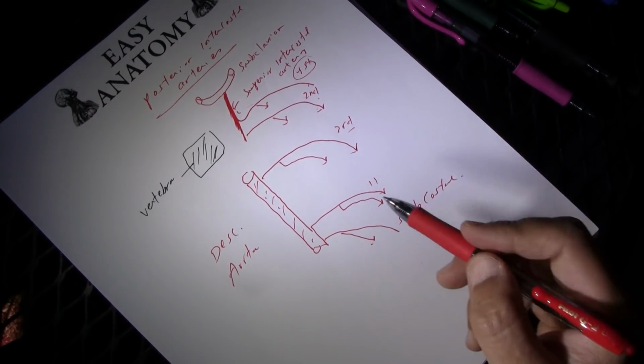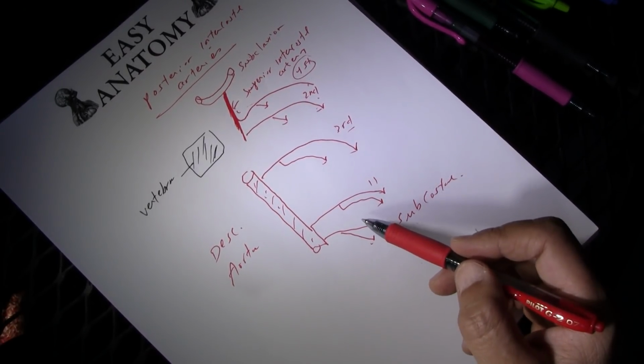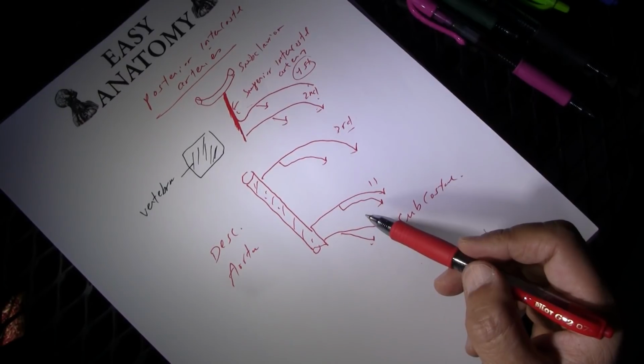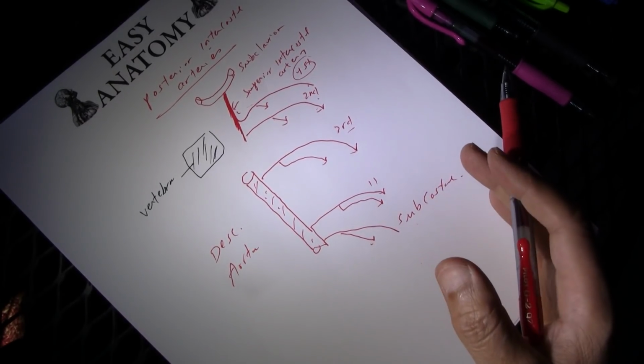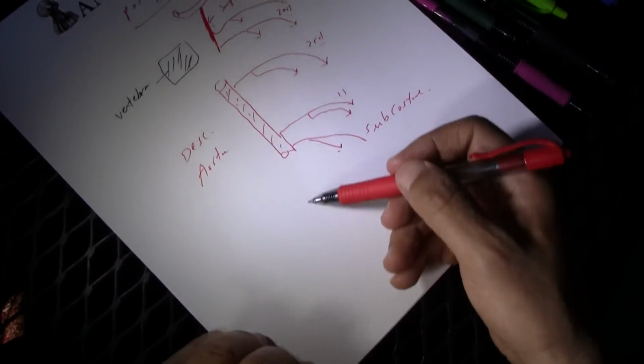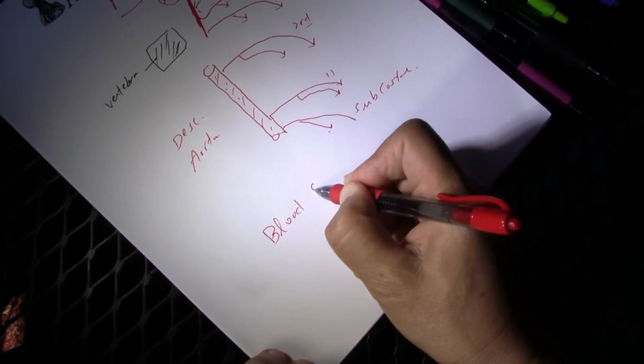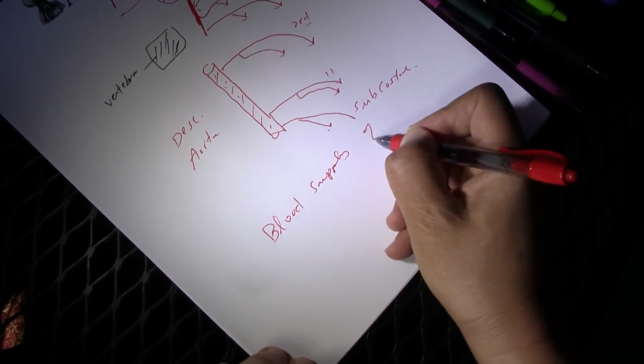Then at the costochondral junction, they meet with the anterior intercostal arteries, which are branches from the internal thoracic.